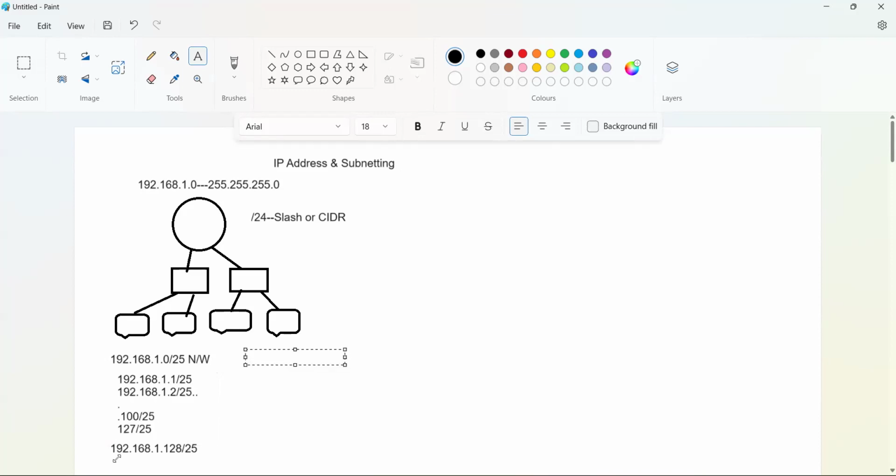Apart from that we have another network, 192.168.1.128. Two addresses are subtracted, so you will get 126 hosts.